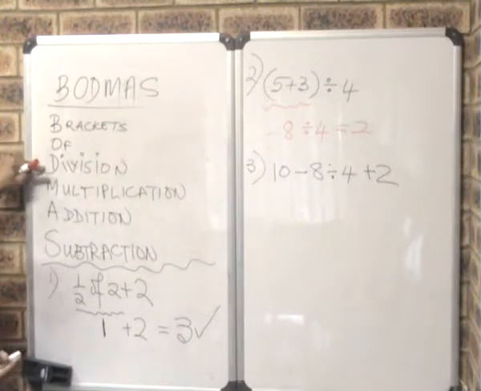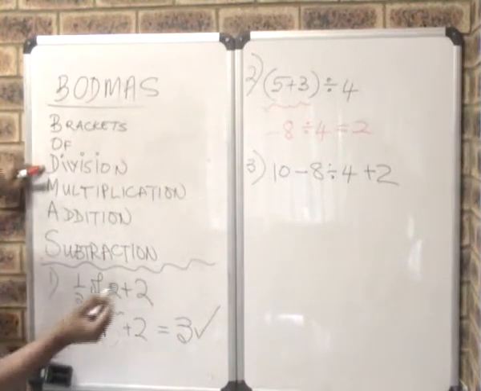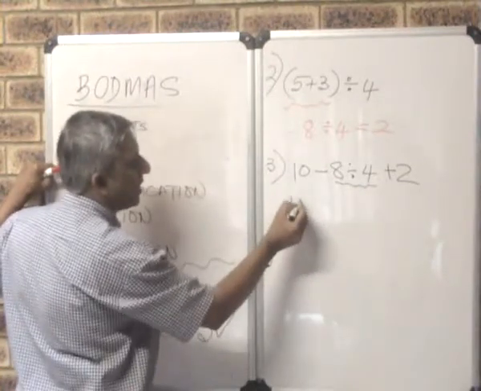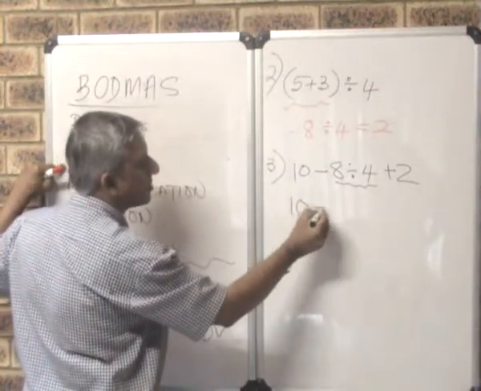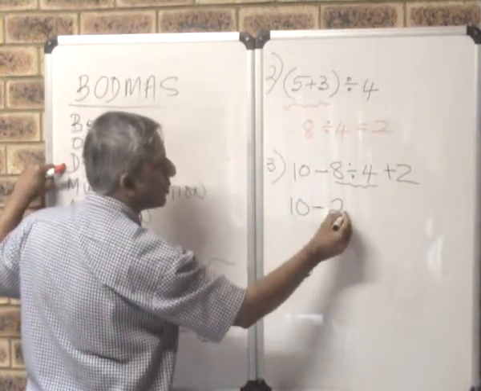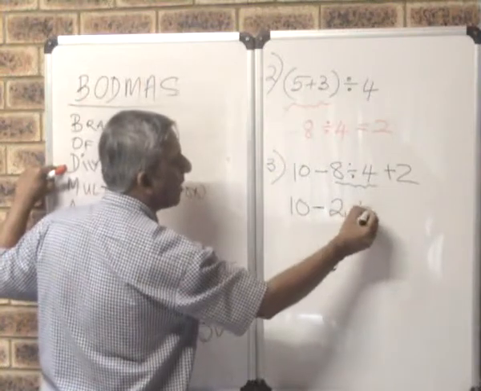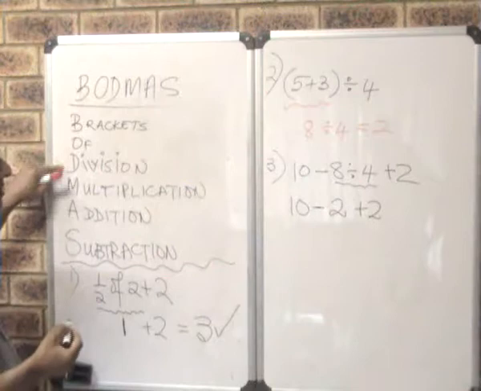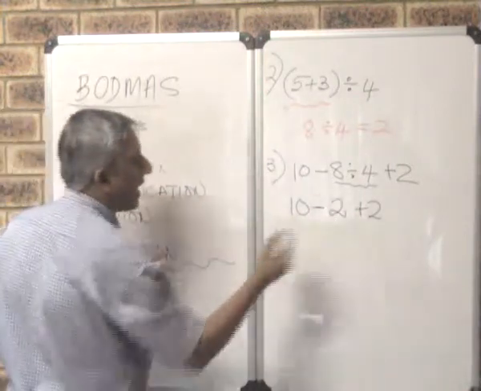Then you're looking for division, well, there is a division in it, and therefore we'll have to do the division first. So write the 10 down here again. There's your subtraction sign. 8 divided by 4 will give you 2, and then you write down the plus 2 there. So you're doing the division first. And now you can add this.